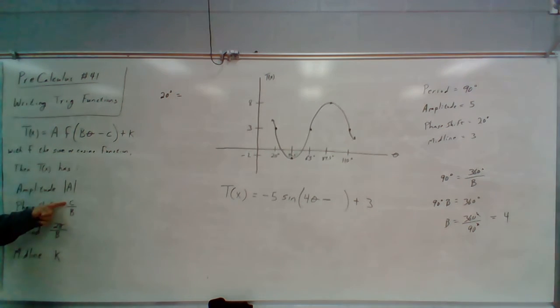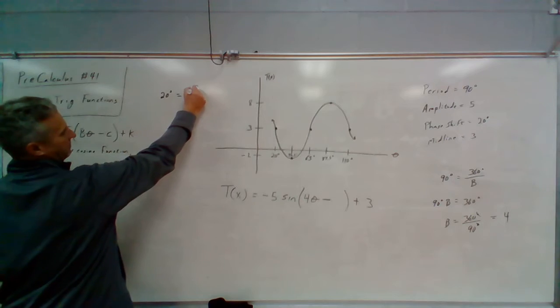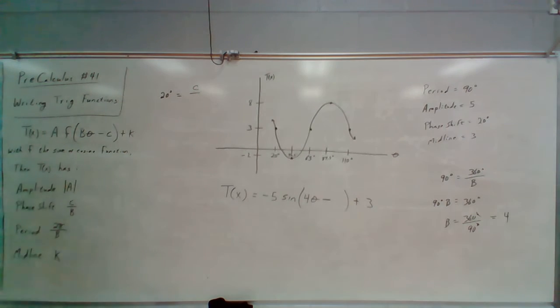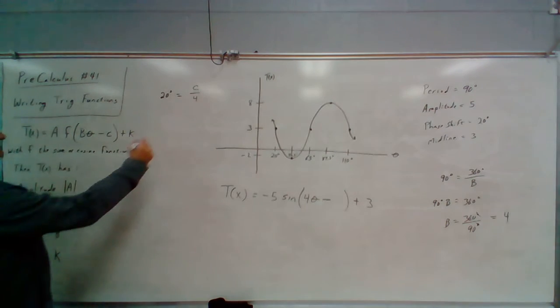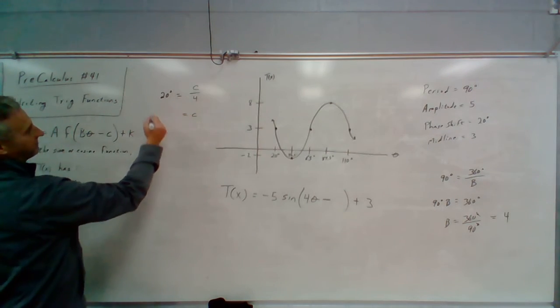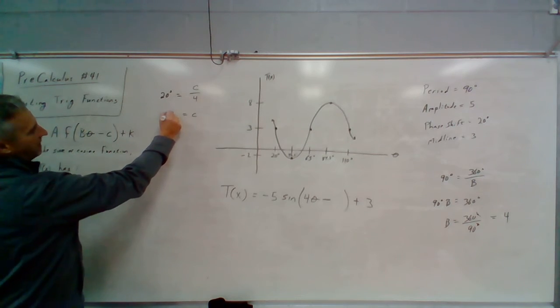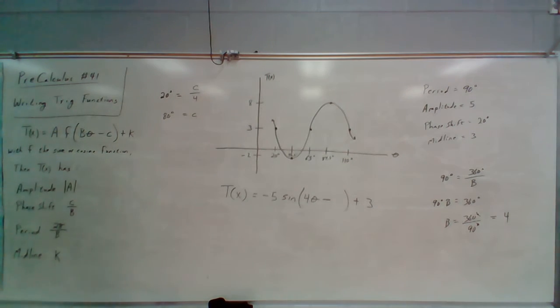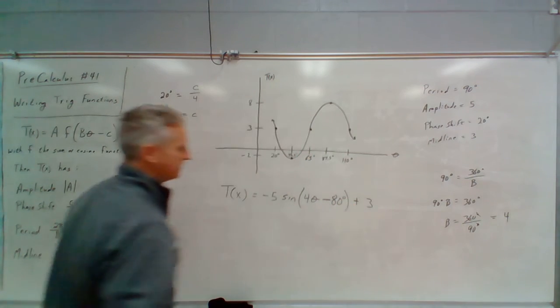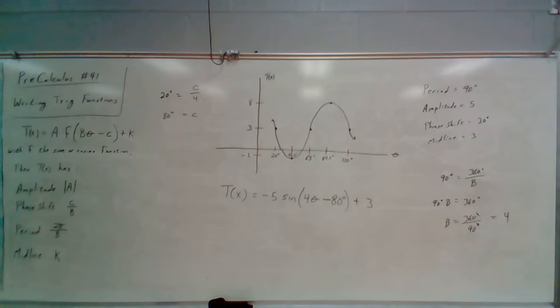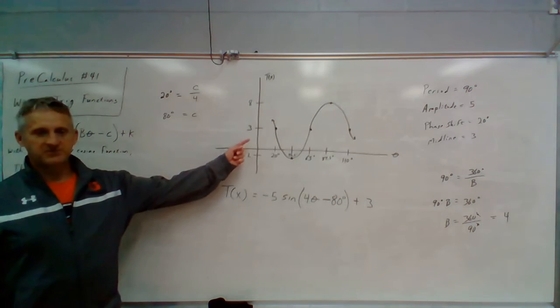And 20 is equal to c divided by b. We've already figured out what b is. b is 4. So it's really easy to find c. Multiply both sides by 4, and I get 80 degrees. So minus 80 degrees. And there is a function that gives me this graph.